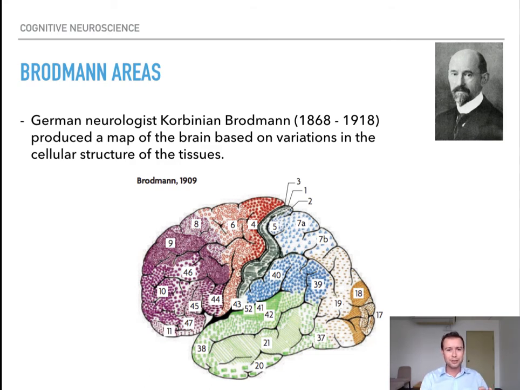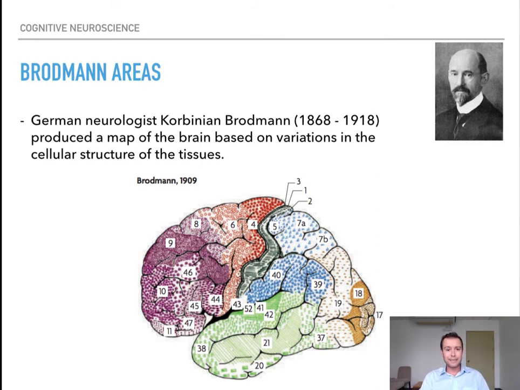What's the positioning of the cells? What's the size of the neurons there? What kind of density and distribution do these cells have? And he would distinguish between these regions based on whether they differ in terms of the architecture of the cells that are presented there.